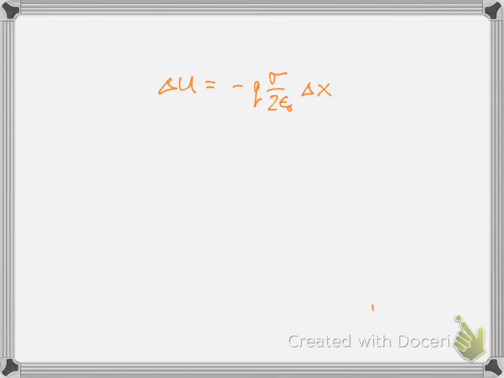So this is the change in potential energy of a point near a plane if we move that point some distance delta x. So if I move it delta x closer to the plane, we are going to increase the potential energy.